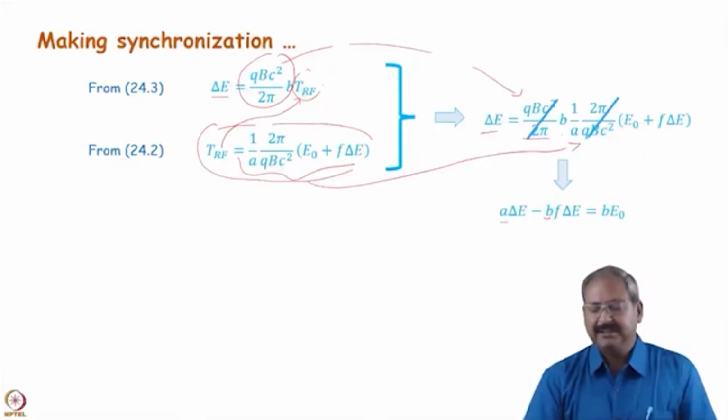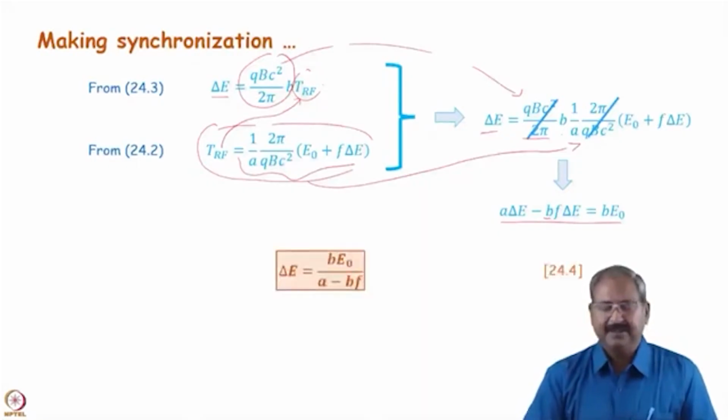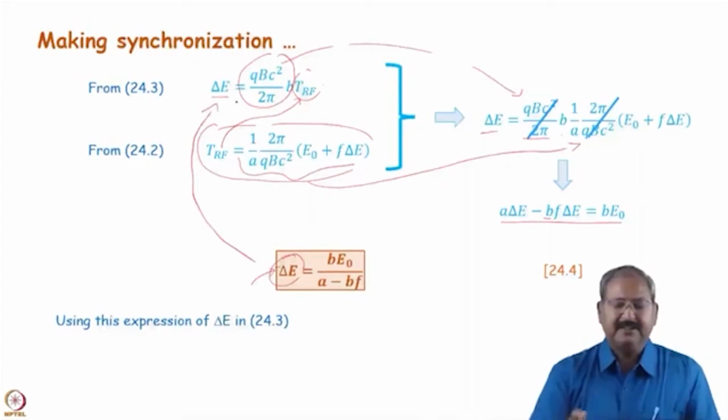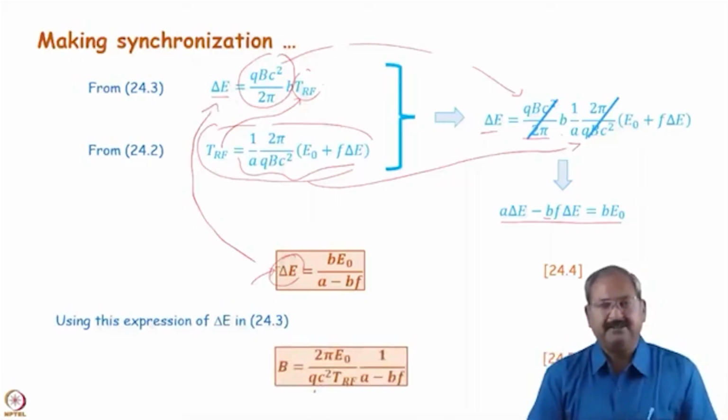So this relation gives you the relation between A and B. Now you can get that the change in energy per turn, or when the particle passes through the RF cavity, is given by B E0 by A minus B. This change must occur, then only B T_RF can be synchronized with the change in revolution time. And using this delta E in this expression, you will get the required magnetic field of the microtron.